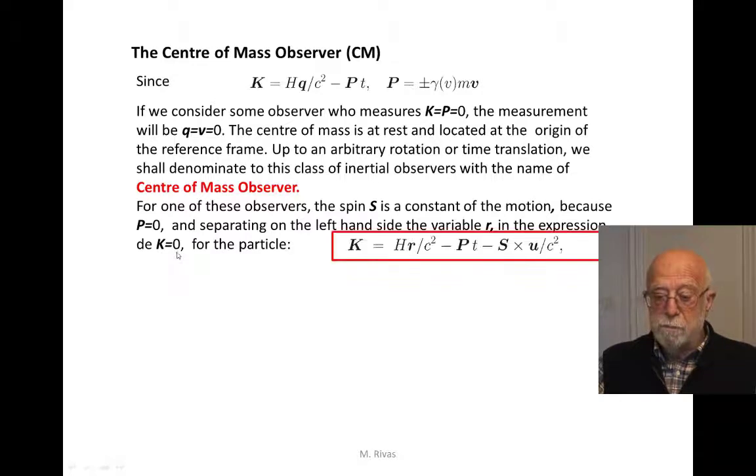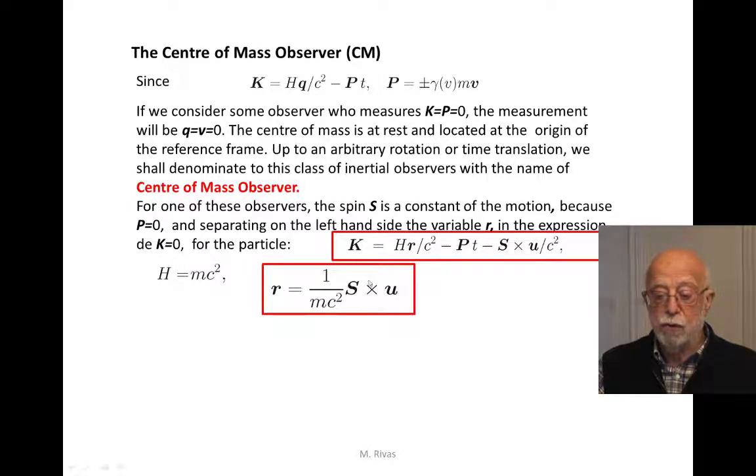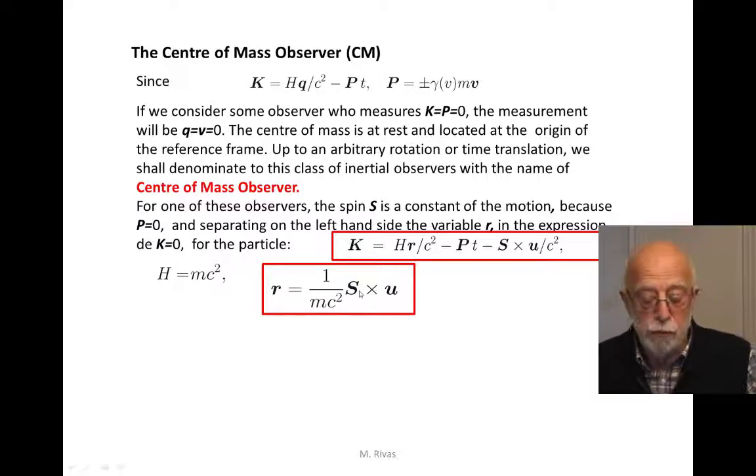Then from the expression of the kinematical momentum for this observer, because this is 0 and P is 0, the energy for that observer is mc squared. I can separate position R in terms of the constant spin in this frame. Well, what we have obtained is the dynamical equation of the point R for the center of mass observer. Here is R, here is the time derivative of R. R is moving in a plane orthogonal to the constant vector S. If I take the time derivative of this, we get U is also orthogonal to the spin.